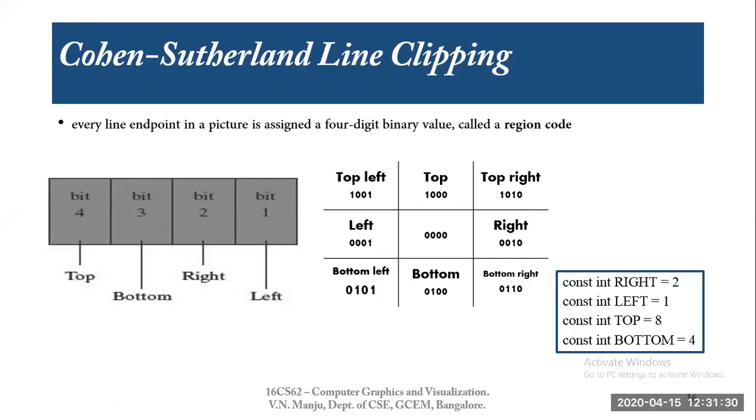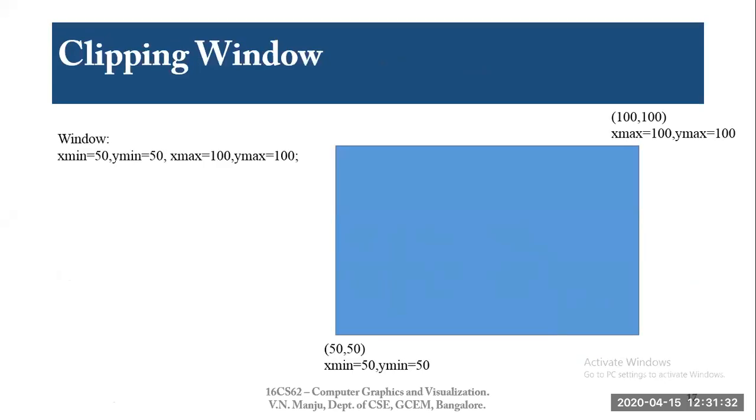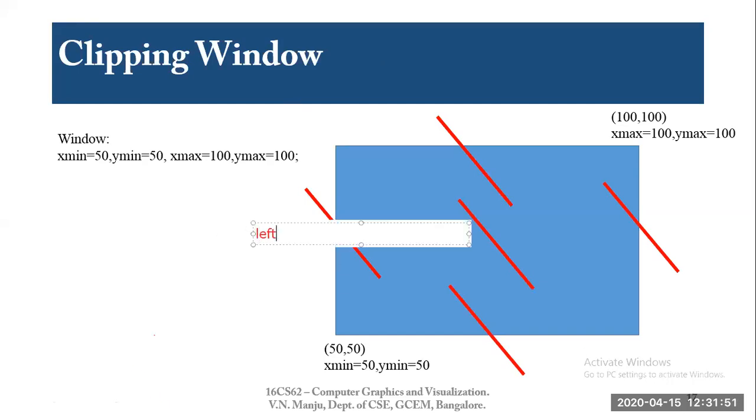So why are we doing it? See here, we have a window like this, and here we have lines. With that in mind, what is this?